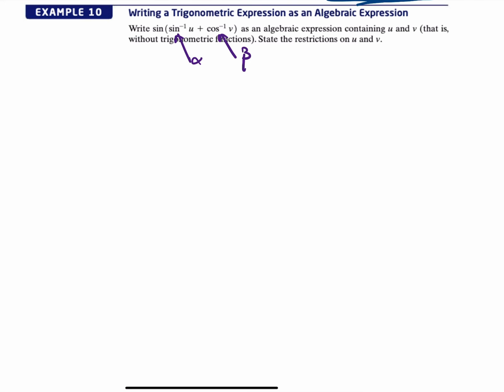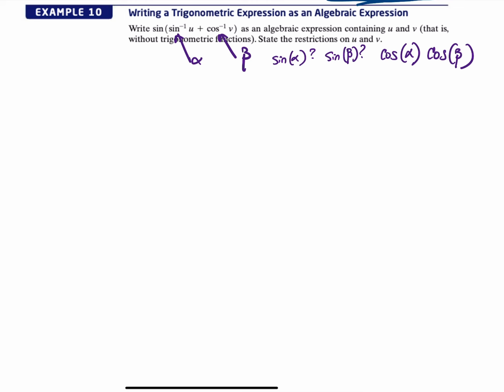Ultimately we want to find out what is the sine of alpha and the sine of beta and the cosine of alpha and the cosine of beta. We need those 4 pieces so that we can use the angle addition formula for the sine.